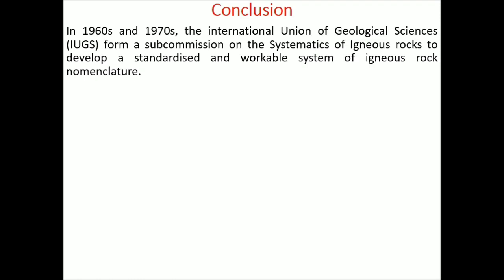That is why, during the 1960s and 70s, the International Union of Geological Sciences, the IUGS, formed a sub-commission on the systematics of igneous rocks to develop a standardized and workable system of igneous rock nomenclature worldwide.